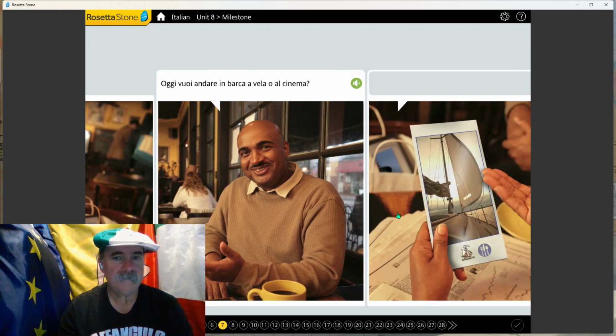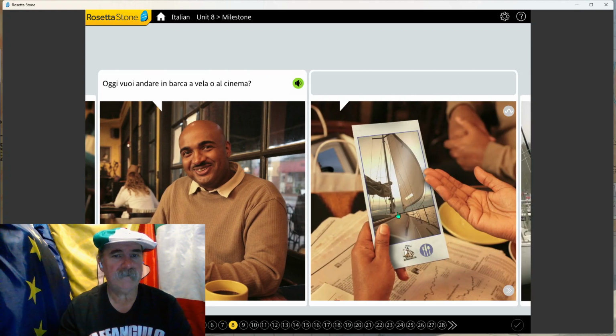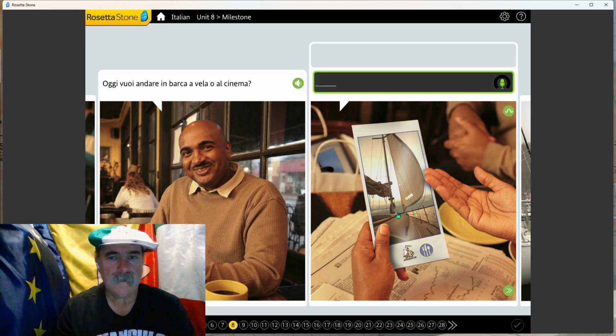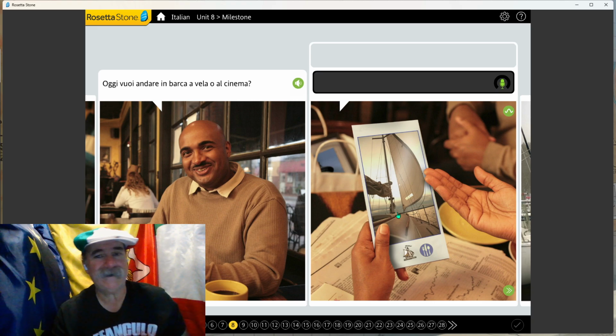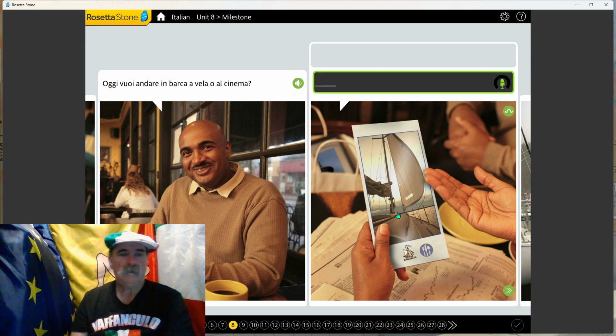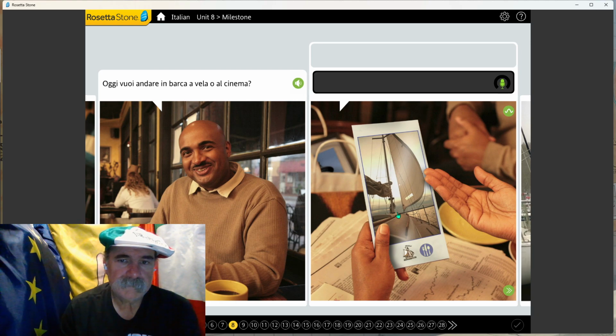Oggi. Vuoi andare in barca a vela o al cinema? Vado in barca a vela. Oggi barco in vado a vela? Barca a vela? Oggi io vado in barca a vela?